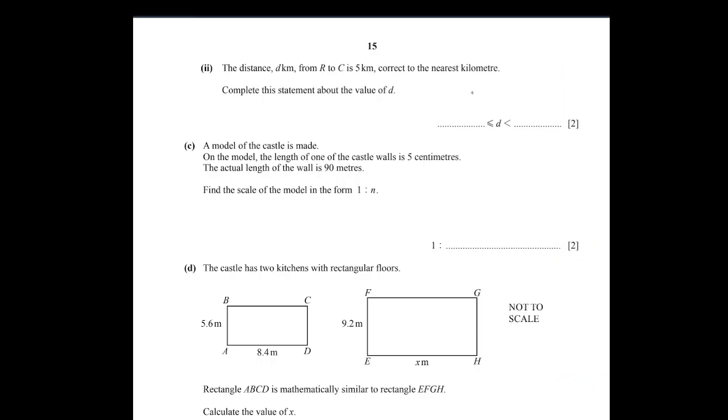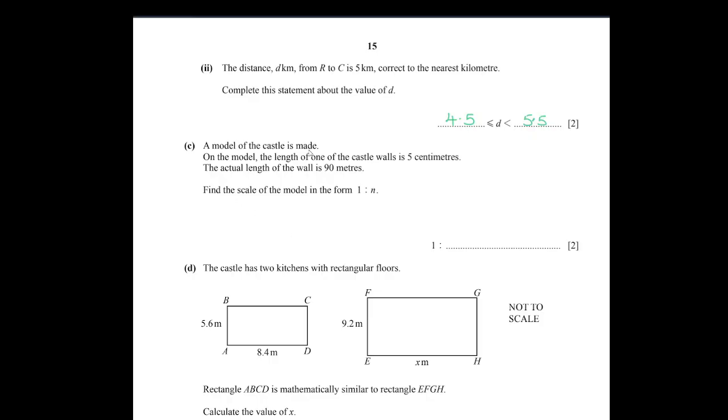So nearest kilometer, half of kilometer will be 0.5 kilometer. So 5 minus 0.5 will be 4.5, less than or equal to d, less than 5.5. This is the upper and lower bound for the given information.